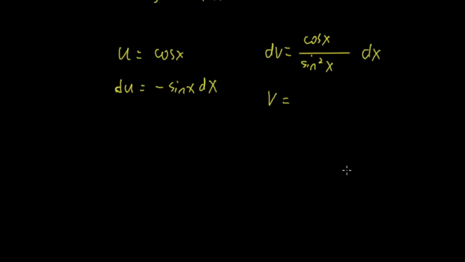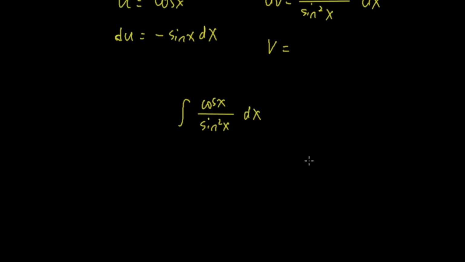Now think about it like that, right? Let's say we're integrating this. Now, I already used u here, right? So let me use a different letter. Let me let k equal sine x. dk is equal to cosine x dx.